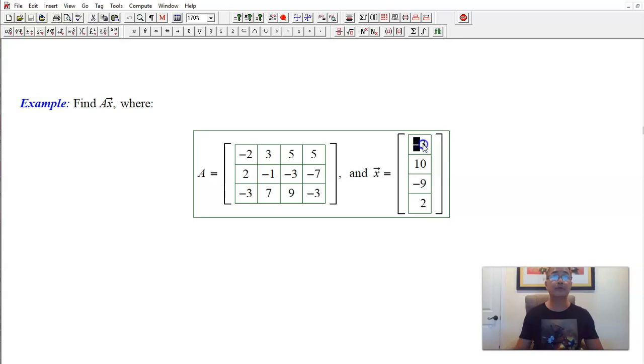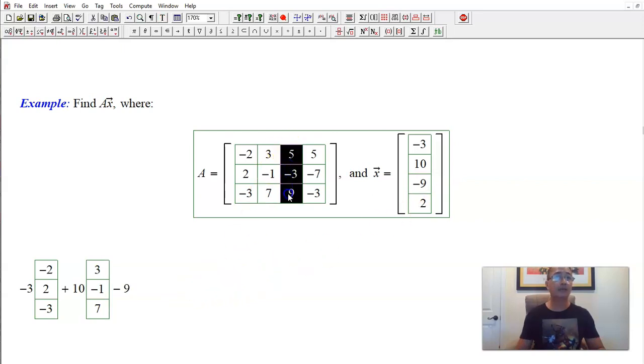Let's put our coefficient -3 down here, and we multiply by column 1. Let's copy column 1 over there. And then next we have 10, our next coefficient. Let's copy that down here. Multiply by column 2. Keep going. -9, multiply by column 3, and then +2, multiply by column 4.